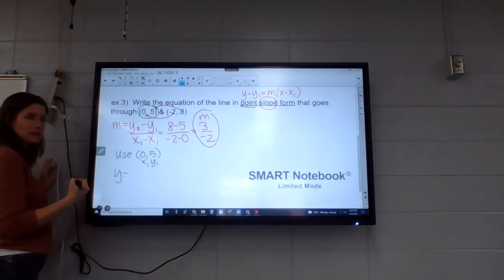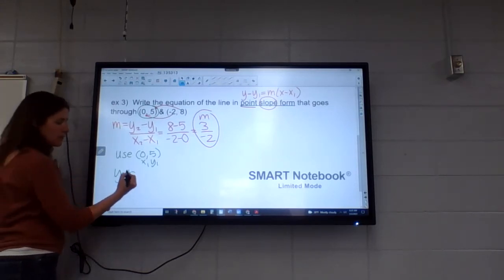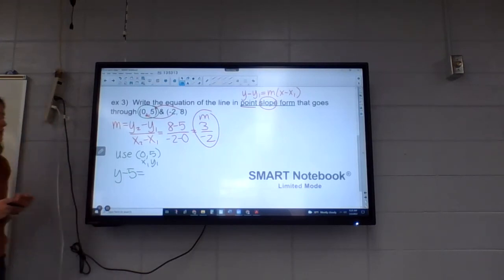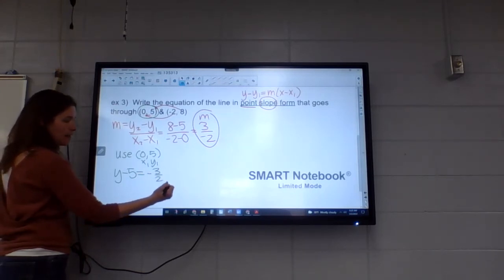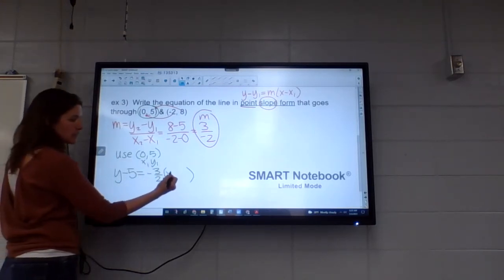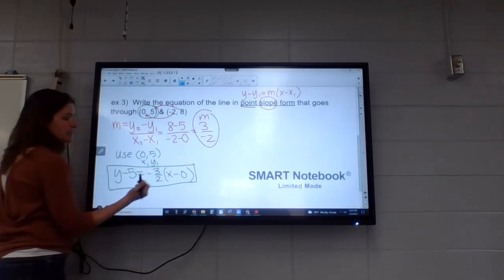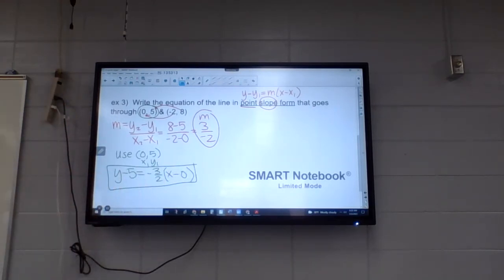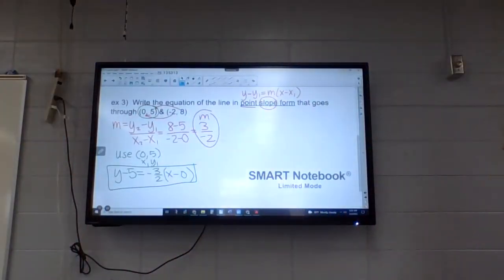So y minus, what's y1 in this case? 5 equals my m, which is -3/2, and then x minus my x1, so in this case that's 0. As strange as this seems, we get to stop here if we're asking for point-slope form. We don't have to go any further with that, so we just stop at that point.